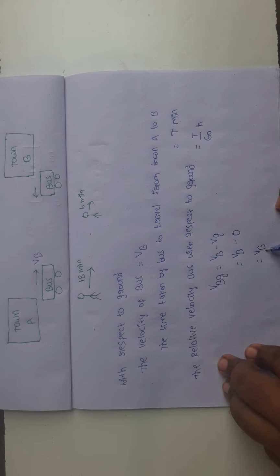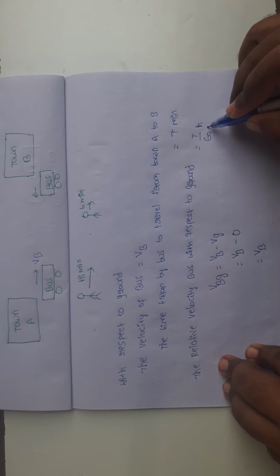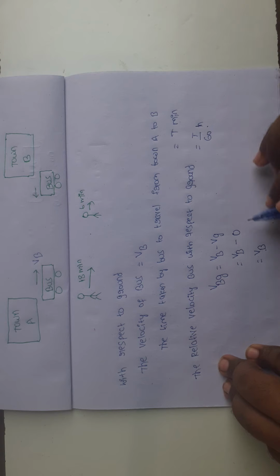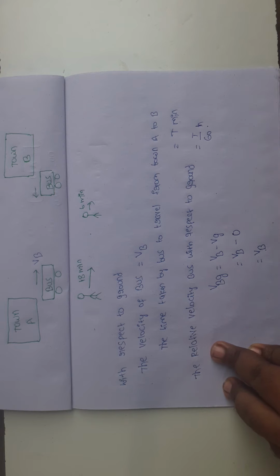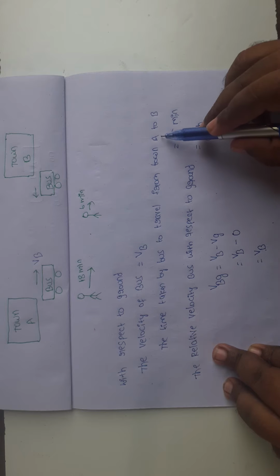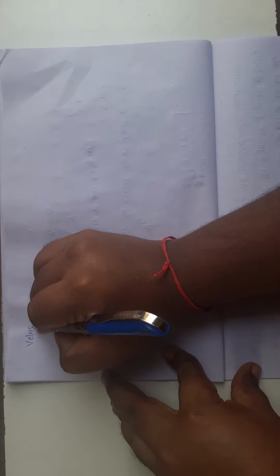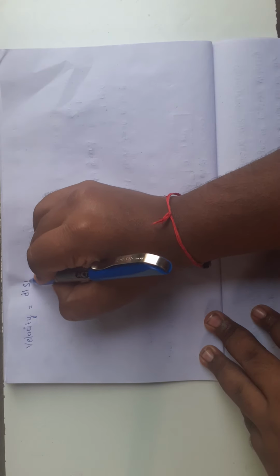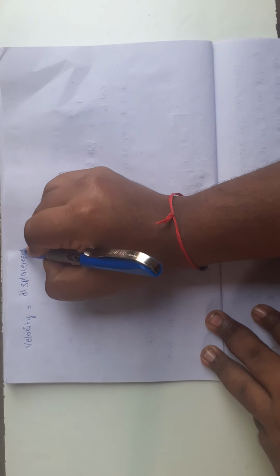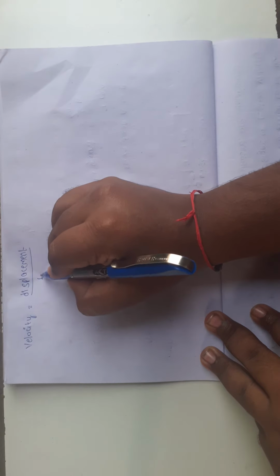Here we know the velocity and we know the time value. Using these values, we can easily find the displacement of the bus from town A to B. By the definition of velocity, velocity equals displacement by time.